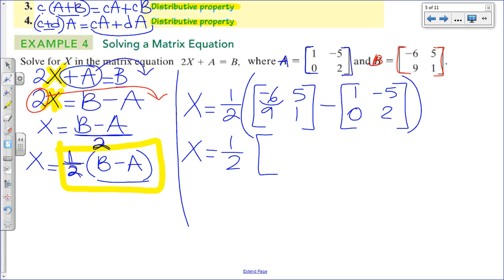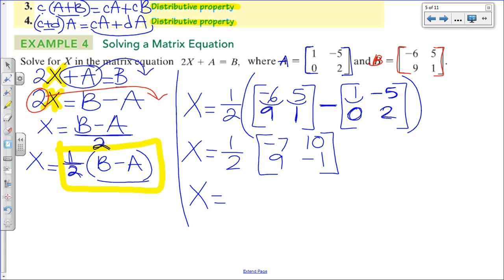So -6 minus 1, that will be -7. 5 minus -5, that is the same as saying 5 plus 5, it will be 10. Then we have 9 minus 0, so that is 9. And finally, we have 1 minus 2, so that will be -1.